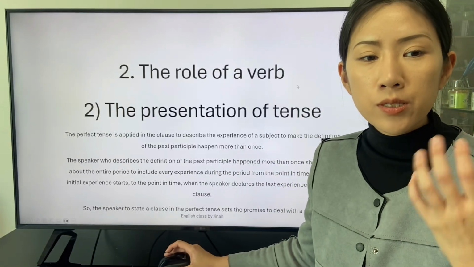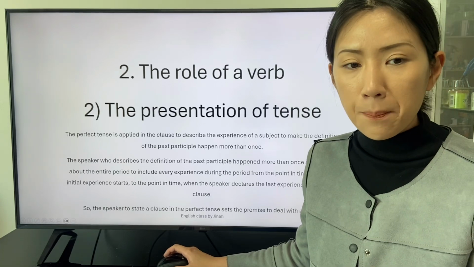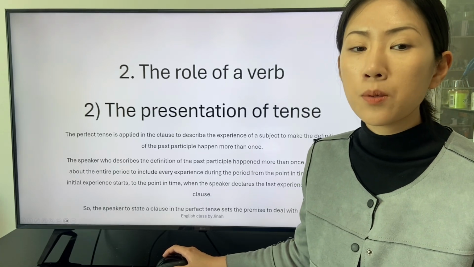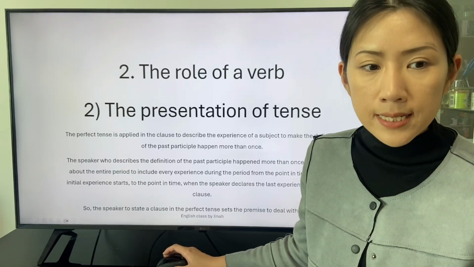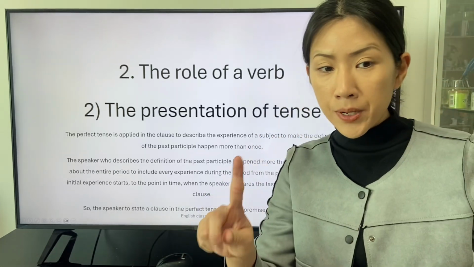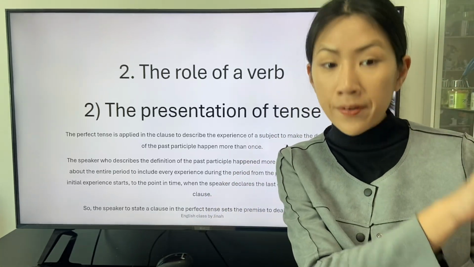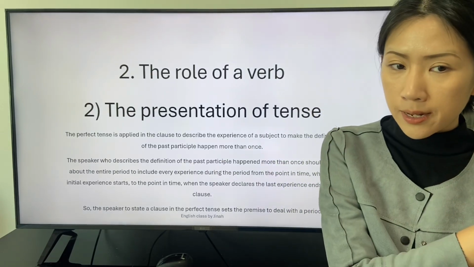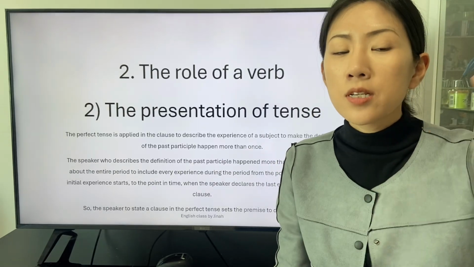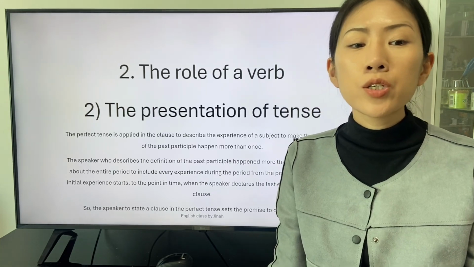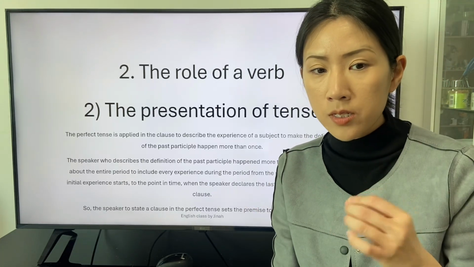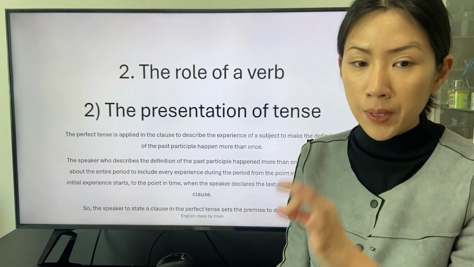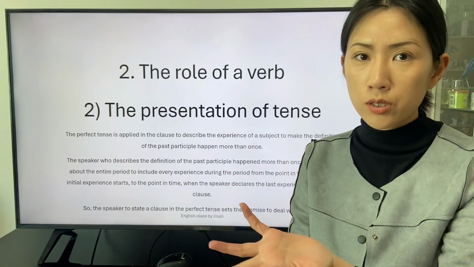The speaker who describes the definition of the past participle happened more than once should state about the entire period to include every experience during the period from the point in time when the initial experience starts to the point in time when the speaker declares the last experience ends in the clause.